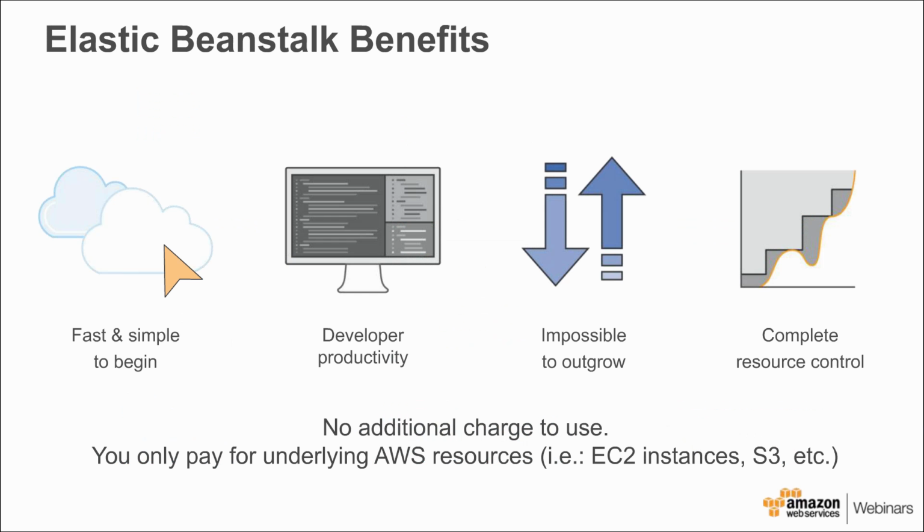So to summarize, why would we want to use Beanstalk? Beanstalk is a really convenient management layer for the AWS services that you know and love today. And Beanstalk itself is totally free. So you pay for the underlying resources, but using those resources through Beanstalk does not cost you anything extra. We also think it's probably the fastest and simplest way to deploy your application to AWS.